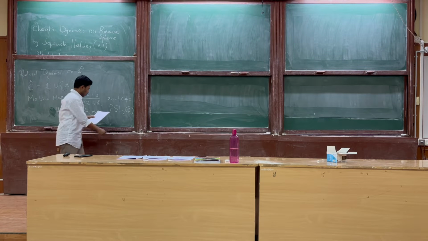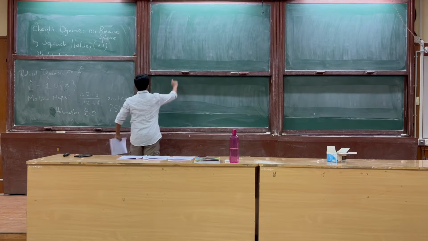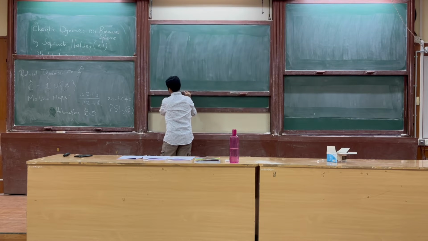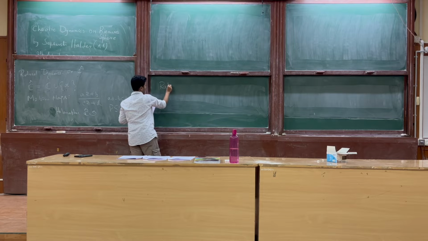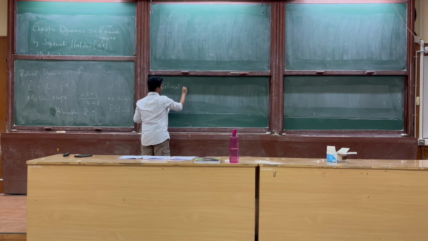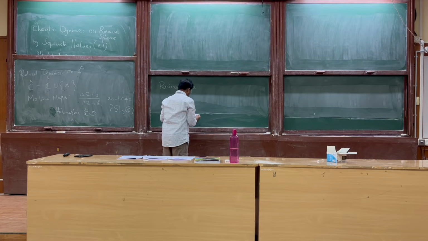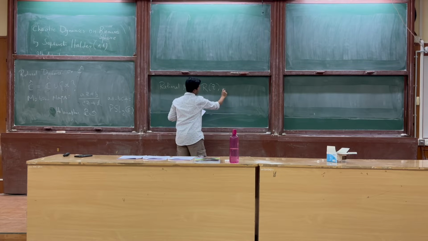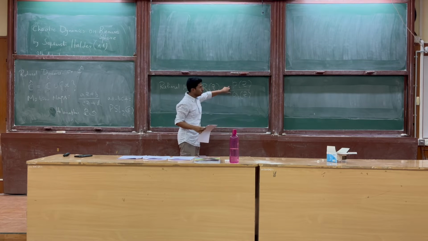Okay. Now we define the rational maps. Basically we define it by R(z), which is P(z) divided by Q(z), where these are all polynomials.